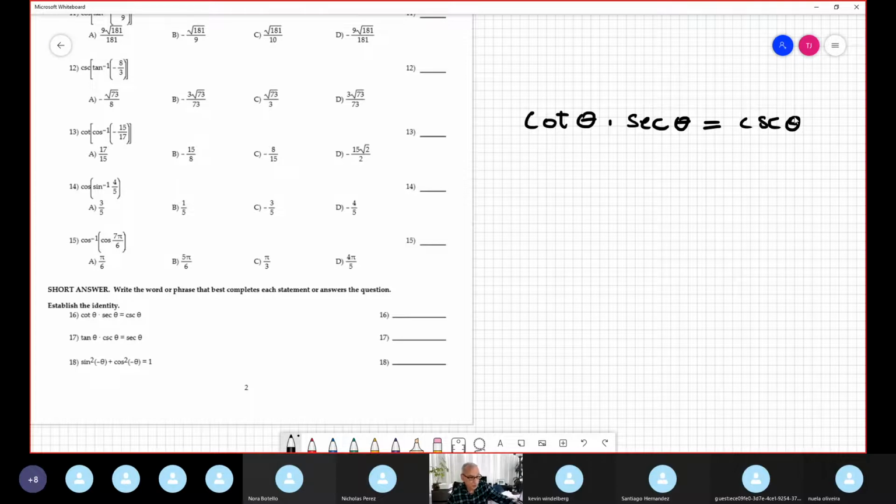So I use one more time the famous cotangent identity, which I know: cotangent is cosine over sine, cosine theta divided by sine theta, multiplied by the reciprocal of secant, which is 1 over cosine.